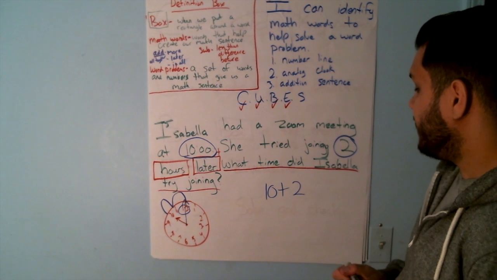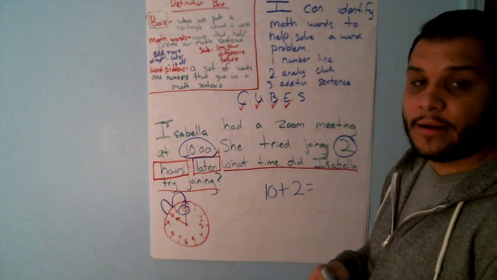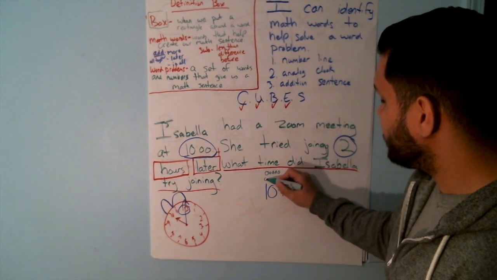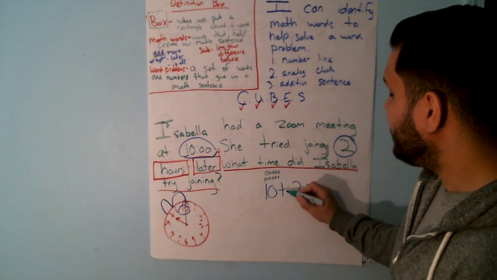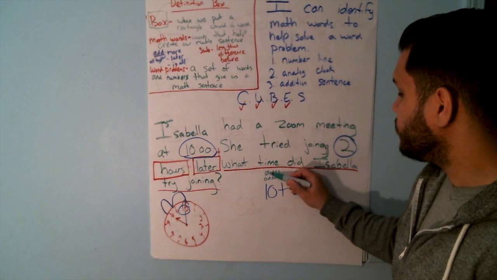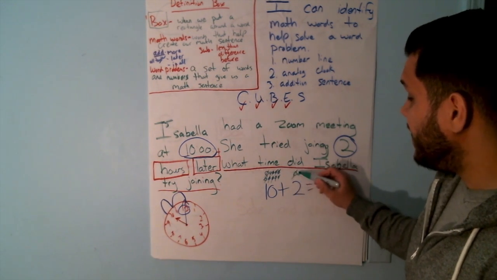Perfect. So 10 plus 2, what does it equal? Well, I'm going to draw my counters to help me out. 1, 2, 3, 4, 5, 6, 7, 8, 9, 10, plus 2 more. Let me count them and see what I get. 1, 2, 3, 4, 5, 6, 7, 8, 9, 10, 11.